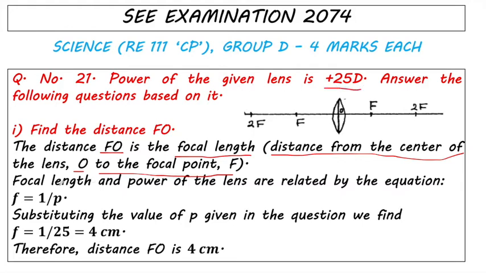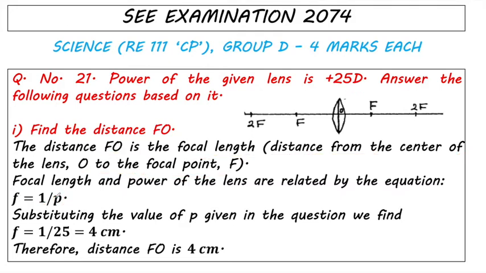Focal length and power of the lens are related by the equation F equals 1 over P, where F is the focal length and P is the power of the lens.